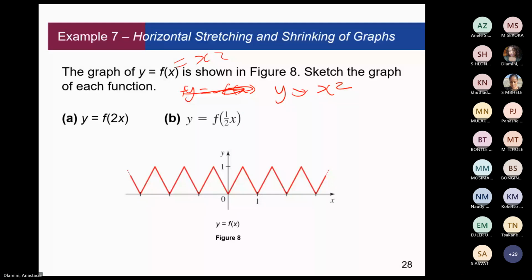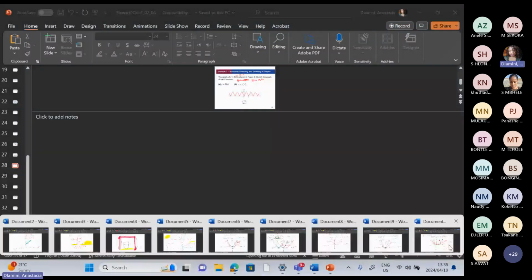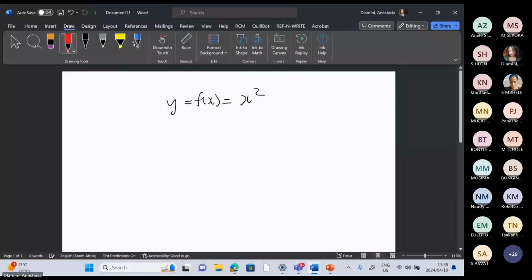We are using the parabola, because I want you to sketch it, not absolute value. Let's sketch that, guys.